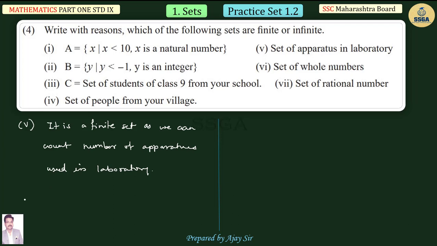Now sixth one, the set of whole numbers. Whole numbers start from 0, 1, 2, 3 and so on. So this set contains infinite elements, so we cannot count.